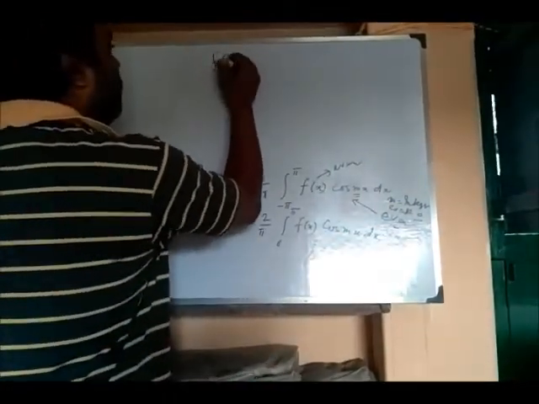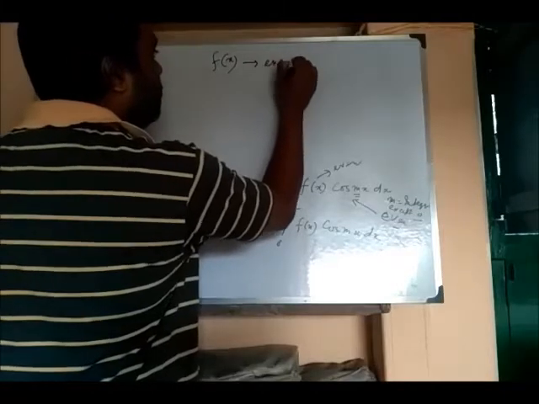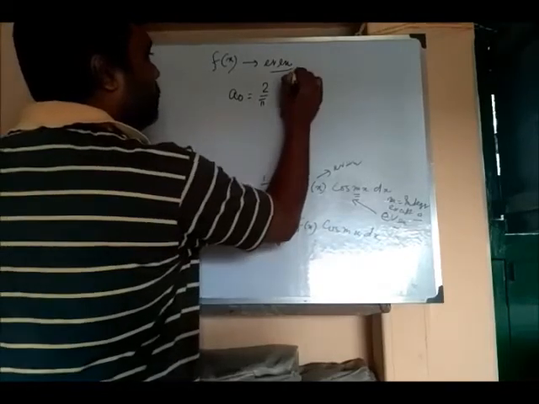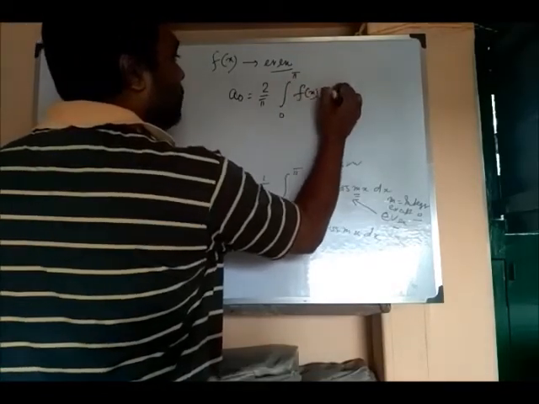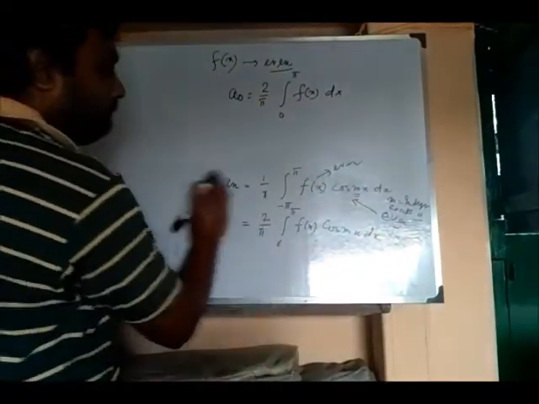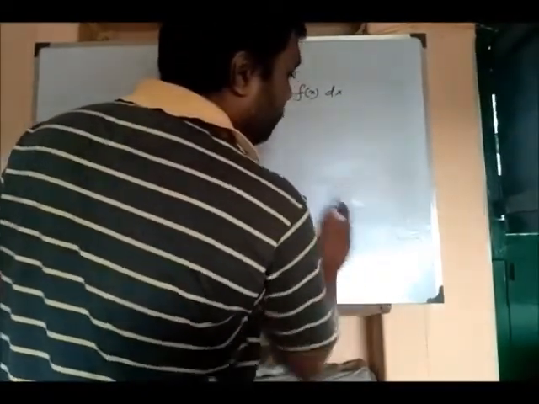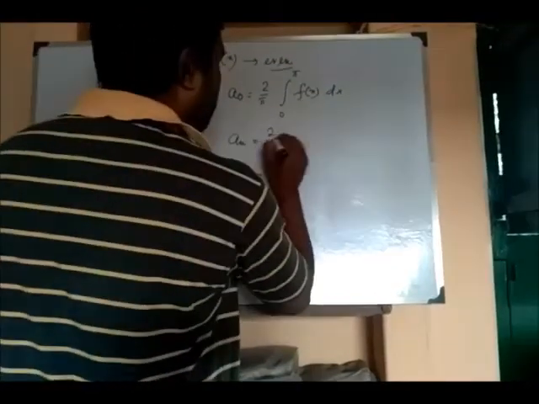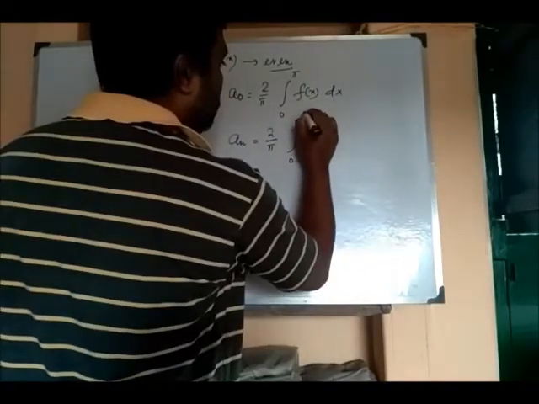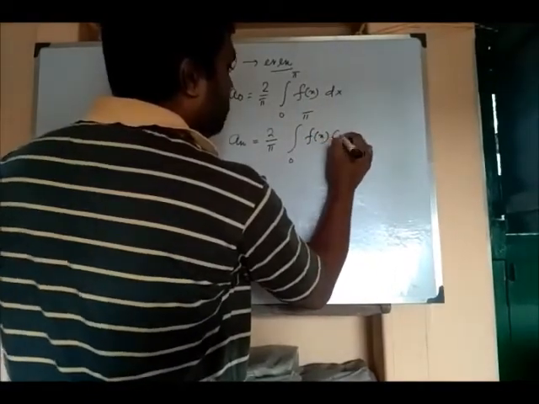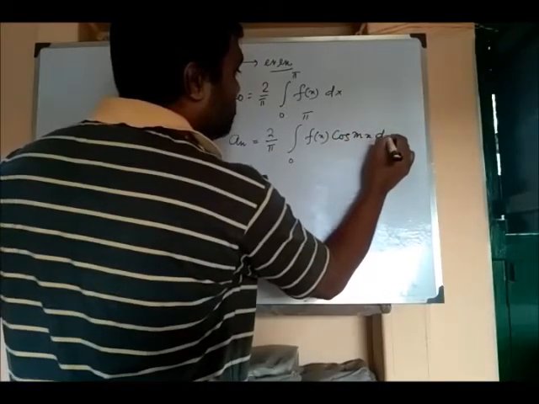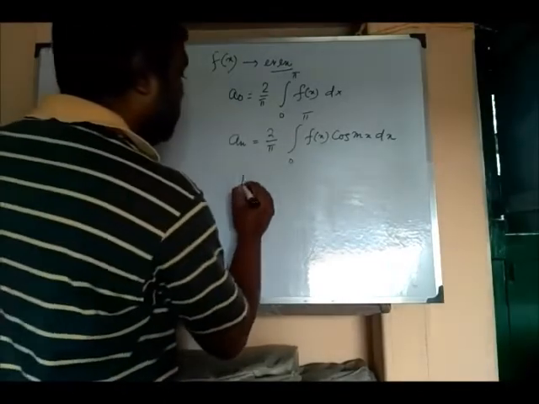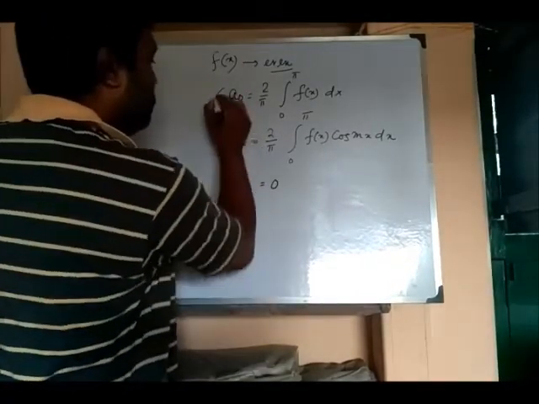If f(x) is even, then a0 equals 2 by pi, integral from 0 to pi of f(x) dx, an equals 2 divided by pi, integral from 0 to pi of f(x) cosine(mx) dx, and bn equals 0.